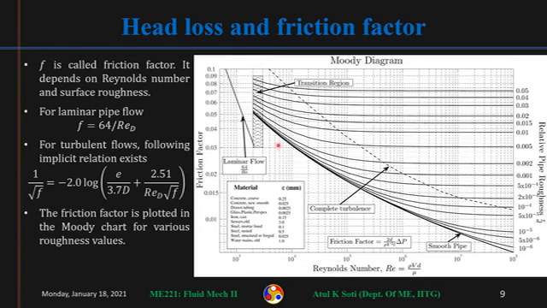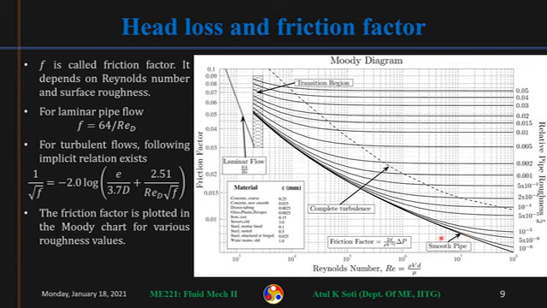And after flow becomes turbulent, these lines you see are the variation of friction factor as a function of Re for different pipe roughness. So each line is representing F as a function of Re for a particular surface roughness, and this is for a smooth pipe.